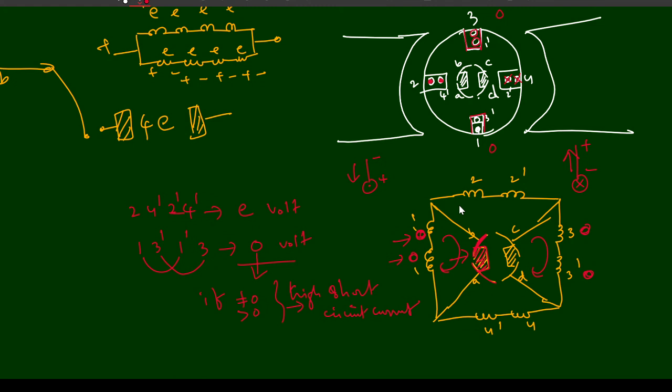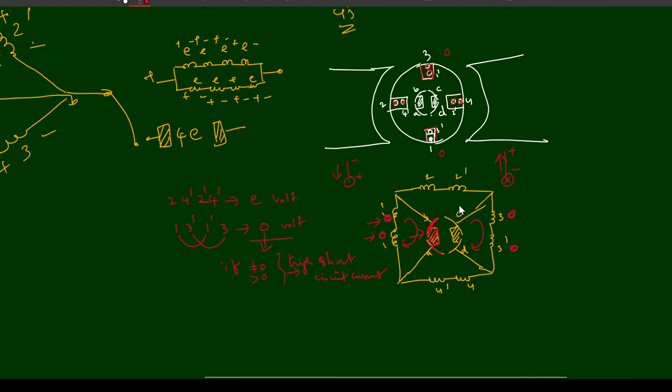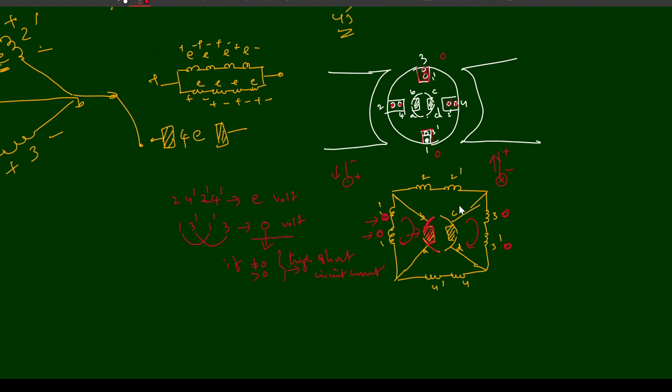Now what is the voltage collected between these brushes? This is plus, and this is minus. It is now only this voltage and this voltage. So this is 2E and this is 2E.